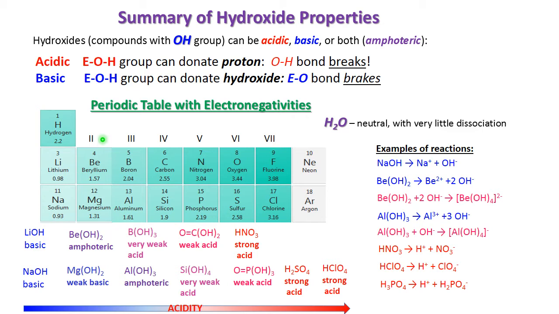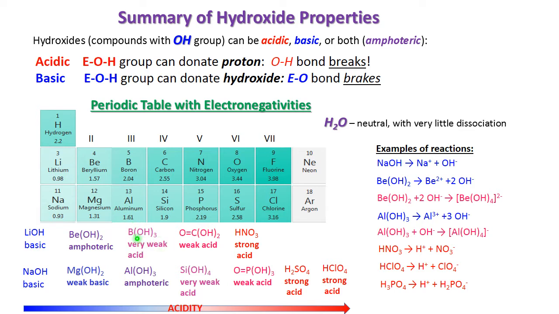Now coming to group number 2, electronegativity increases and beryllium hydroxide is amphoteric. Below that, magnesium has lower electronegativity and magnesium hydroxide is basic, but it's a weak base. Solubility is very low. Going to group number 3, boron makes B(OH)3, a very weak acid, boric acid.